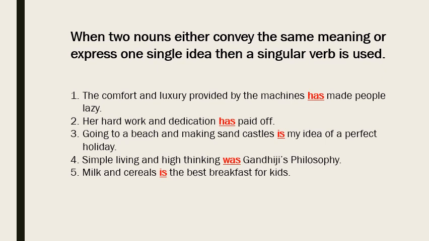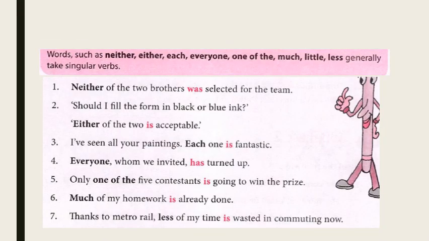Coming to the next rule here. The words such as neither, either, each, everyone, one of the, much, little, less, all these definitely will take singular verbs. See the examples. Neither of the two brothers was selected for the team.